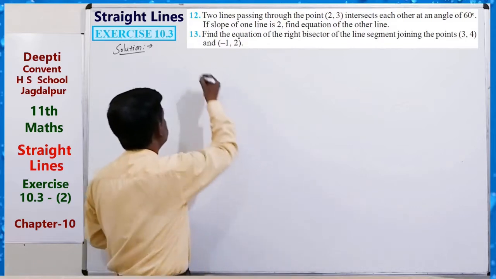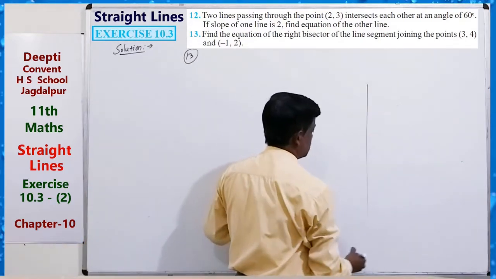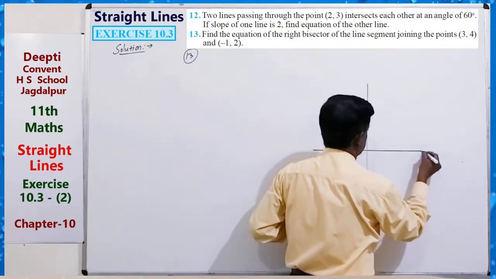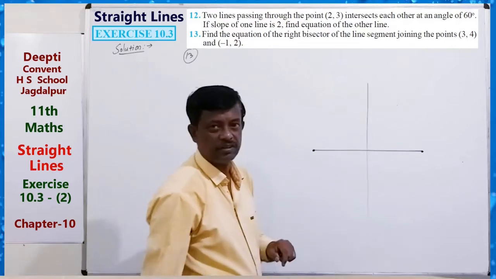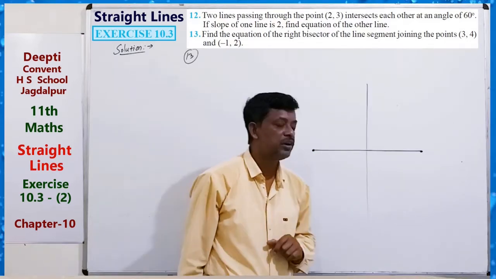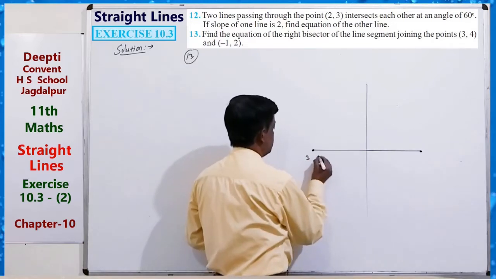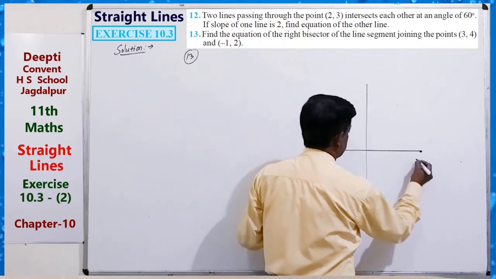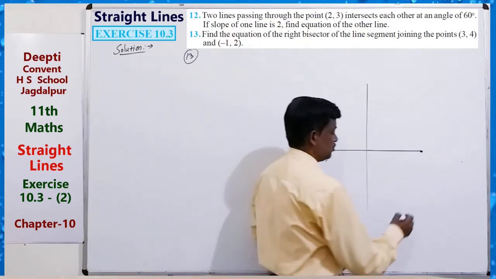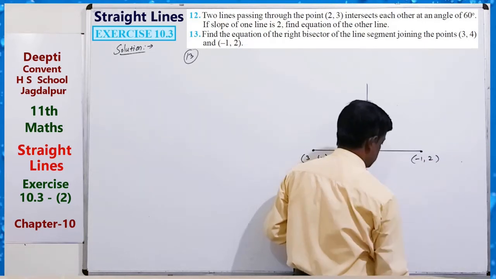So here in question 13, suppose this is the right bisector. Two points are given: 3, 4 and minus 1, 2.